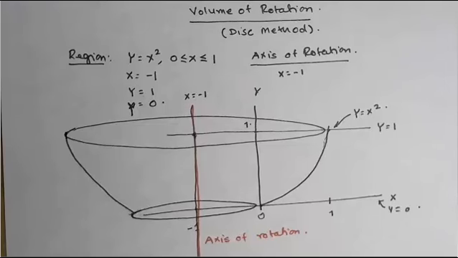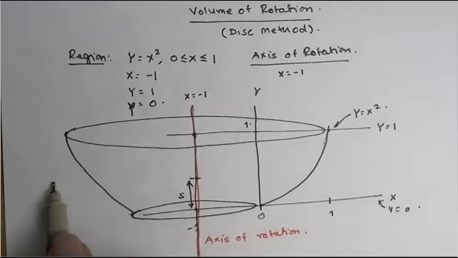So the method of disks works this way. We create a new variable and we'll call that variable s, and the variable goes along the axis of rotation. So here, for example, is one particular value of s. Now what we're going to do is slice through the volume with a plane perpendicular to the axis of rotation at the height s above the x-axis.